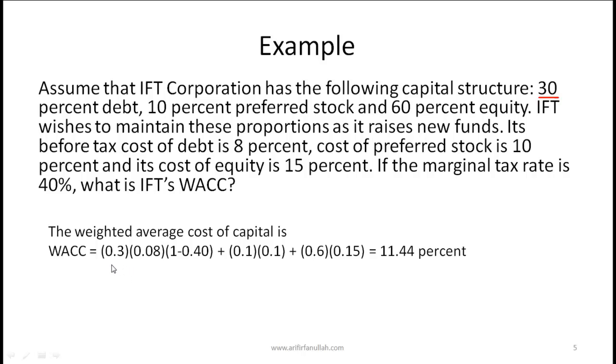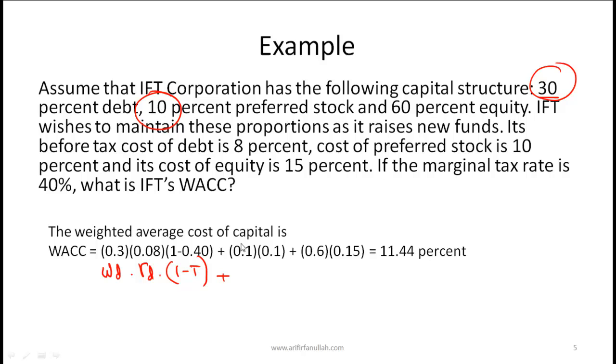So this is the 30% debt. So that's the WD, 30%, times the before tax cost of debt, that's the RD, and this is the 1 minus T, so 1 minus the tax rate. Again, we do 1 minus T here because the interest paid on debt is tax deductible, plus 0.1 into 0.1.